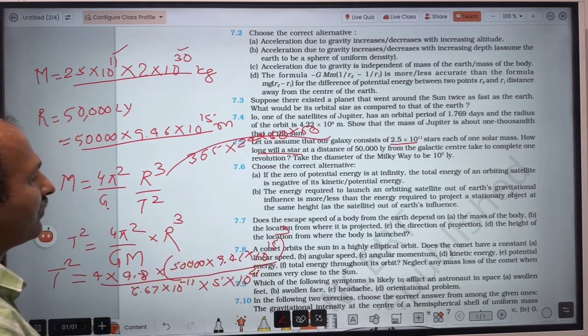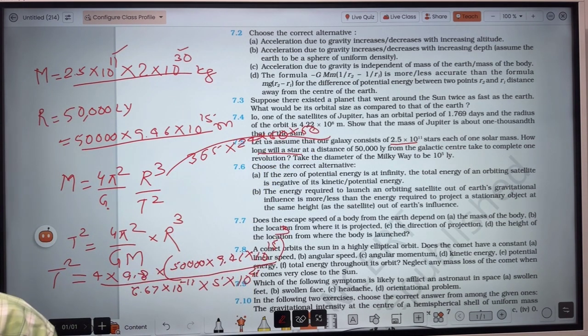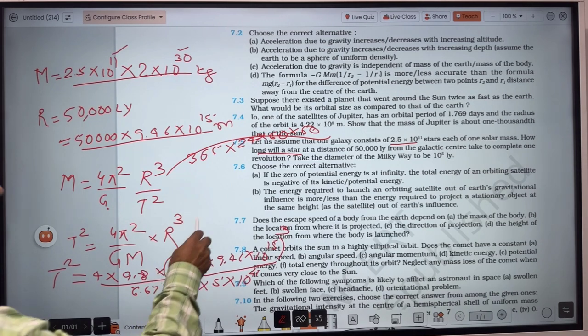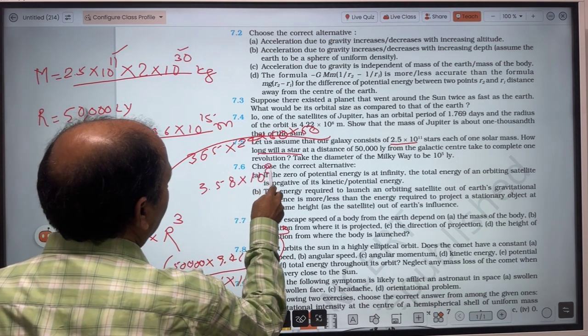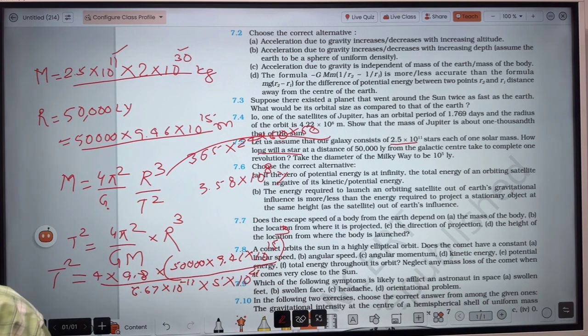So you have to divide by this value to get the number of years, and the answer is 3.58 into 10 to the power 8 years, I think. So the answer will be this.